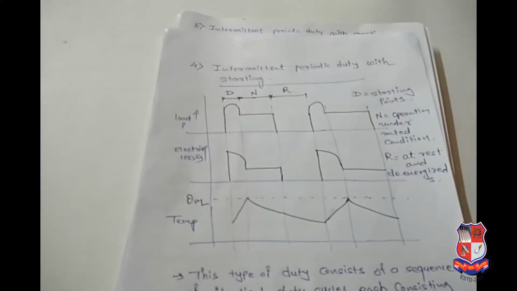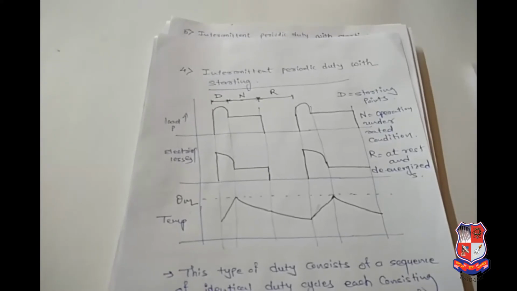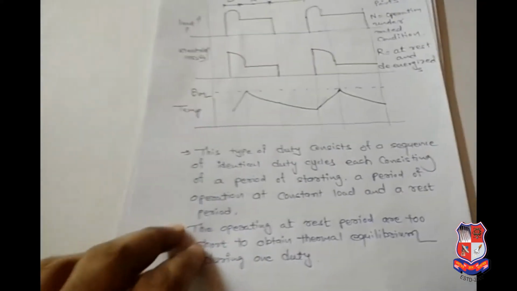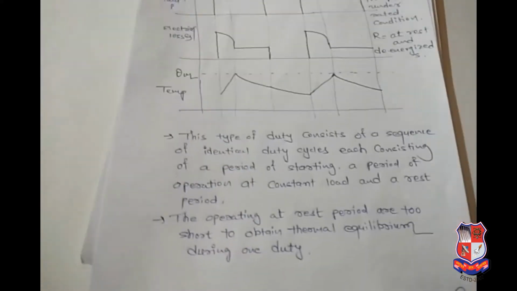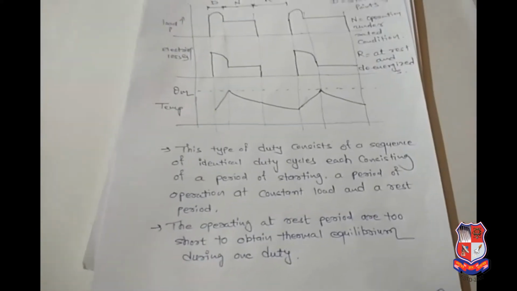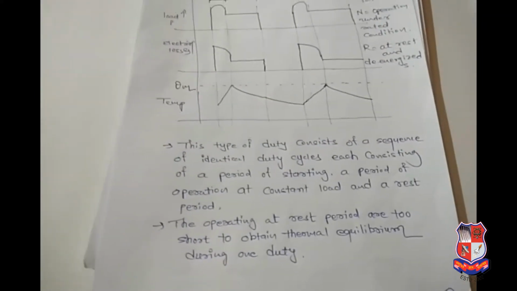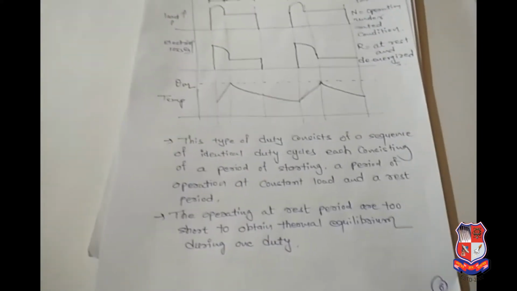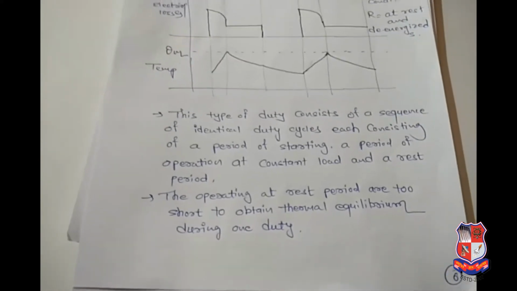So in one complete cycle, there are three parts: D plus N plus R. This type of duty consists of a sequence of identical duty cycles, each consisting of a period of starting, a period of operation at constant load, and a rest period.